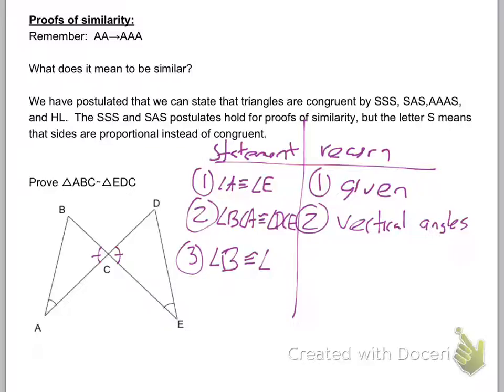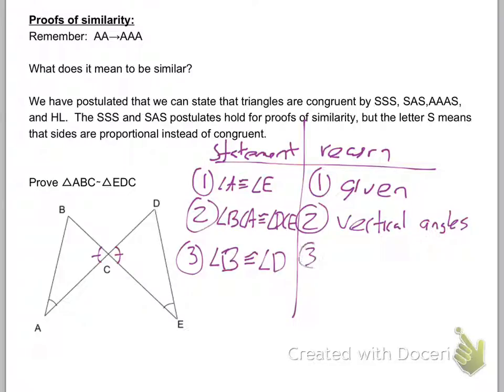Right. C has more than one angle potentially. But B, I agree. Guys, if you look at B, everybody can see there's two. There's the minor angle, and then the angle on the outside, which would be the larger one. But since we're talking about these triangles exclusively, would I be talking about the angle on the outside? No. So, therefore, we can say angle B is congruent to angle D.